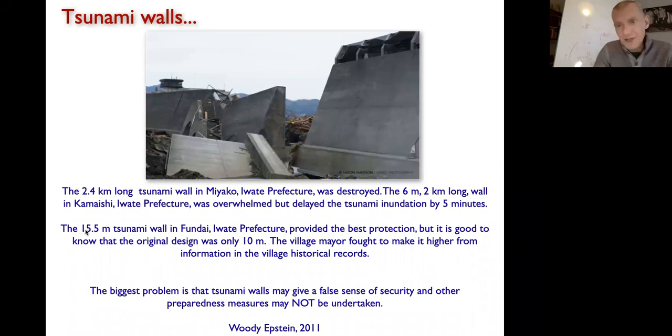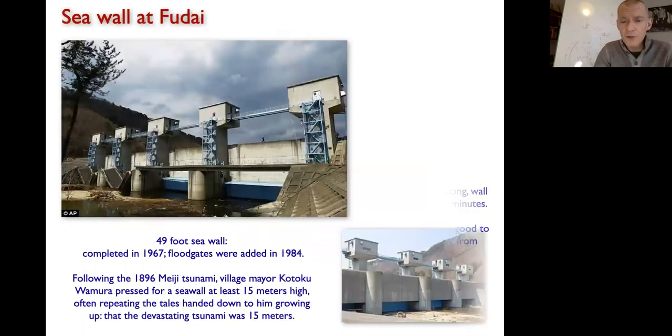Now, the final slides, just to make us think about this phenomenon, because actually the seawall at Fudai was much higher than the other one because the mayor decided to build it following the messages coming from the past, like, for example, the 1896 Meiji event. So he was fighting to make it higher.